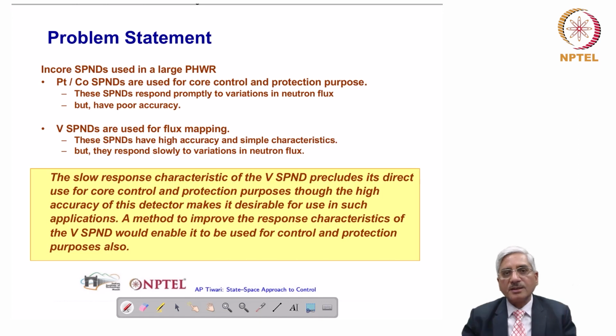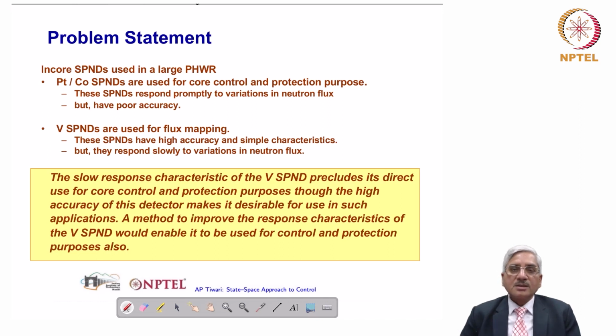That means not inside the core, outside the core, somewhere in the reflector near the core boundary. And it gives a signal proportional to the neutron density. When the reactor is large, for example, a pressurized heavy water reactor in India of the capacity of 500 megawatt or 700 megawatt could be something like 7.5 meters in diameter and 6 meters in length.